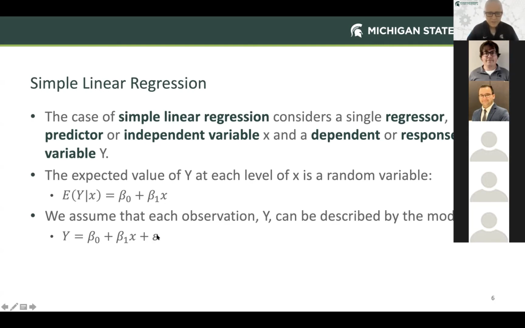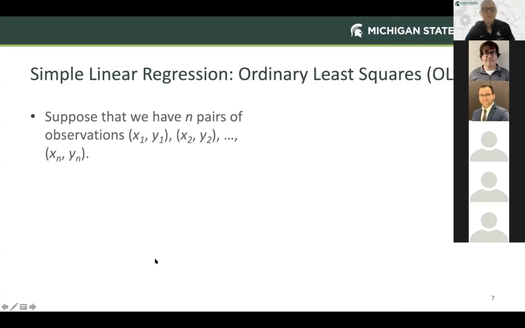But basically, within our context, if we're using rumble strip depth to predict noise levels, that epsilon is capturing all of the other stuff that also influences noise levels. And that would include the pavement type, the baseline noise levels that we had talked about last week, and various other factors as well, okay?